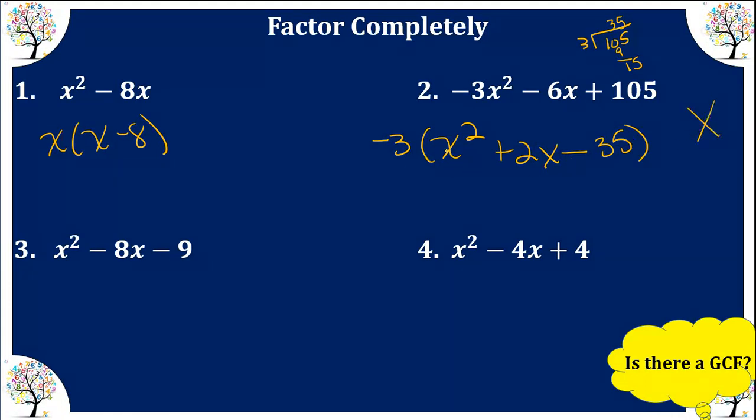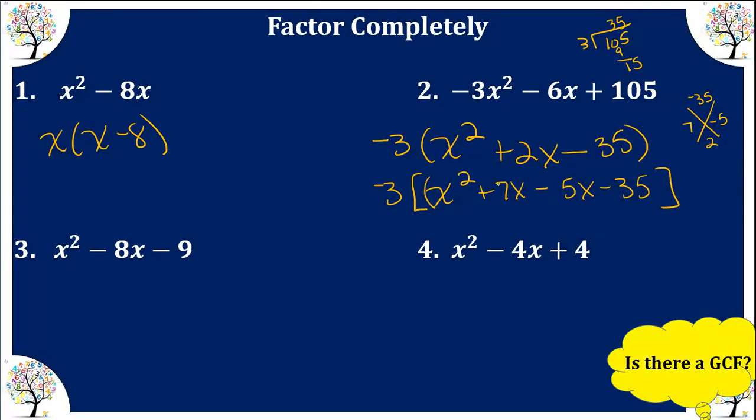So let's see. 1 times -35, and then I have 2. So -35, I could have 7 and -5. 7 and -5 adds to give me 2. So I have -3. I'm going to rewrite this trinomial into x squared plus 7x minus 5x minus 35.